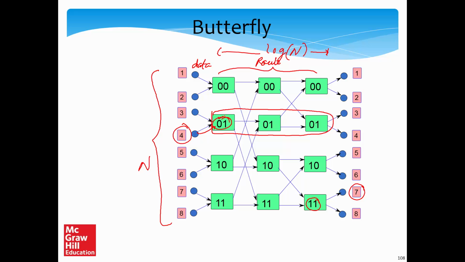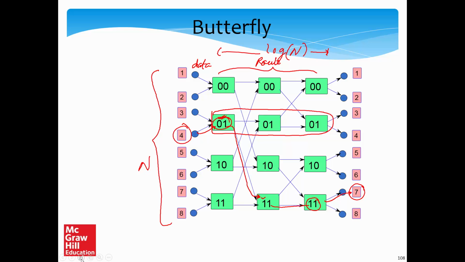Since the first bit, the MSB of the switch ID, is different, 0 is different from 1, we take what is called this cross link and come to this switch. Then the first bit becomes the same. Now we look at the second bit, and the second bit is also the same. So we continue along the same path till we reach this switch, and then the message finally goes to 7.